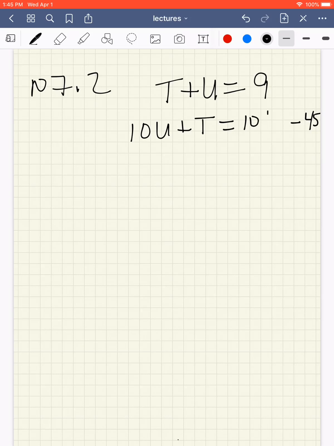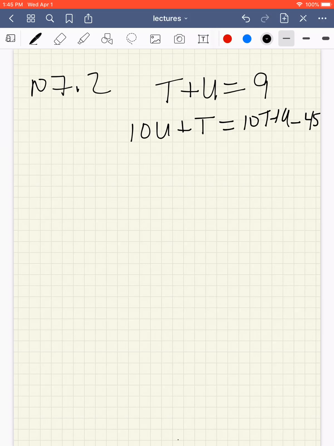So the original number is 10T plus U. These problems are all going to look very similar. Most of the time you're going to have one equation that deals with just the digits, and then you'll have one equation that deals with the value of the number somehow.